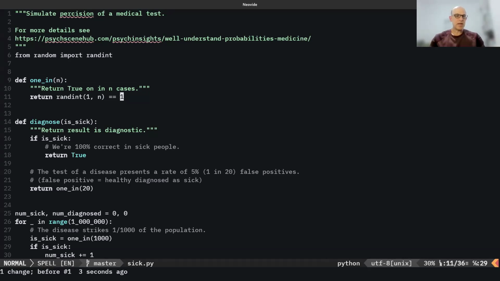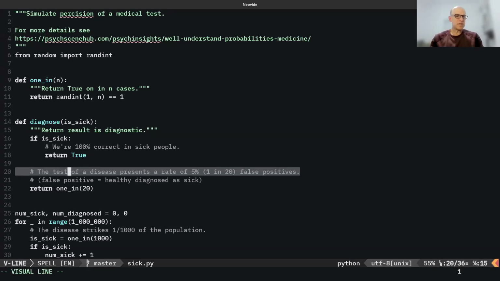And now I'm going to say like this. There is a person, and if the person is sick, we are going to say that the person is sick. This is not specified in the equation, but this is the assumption: that there are no false negatives, there are only false positives.